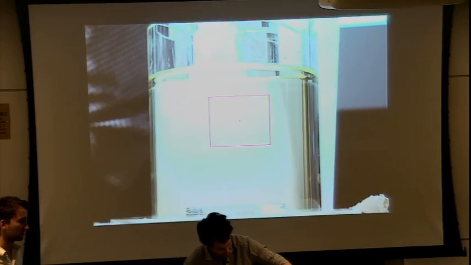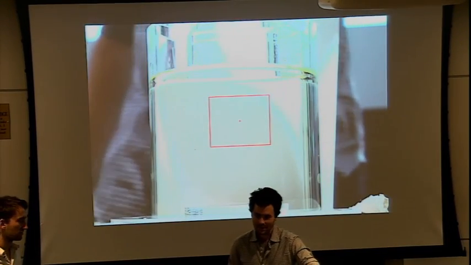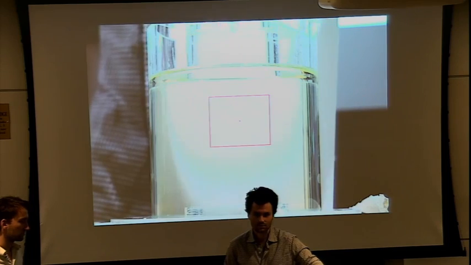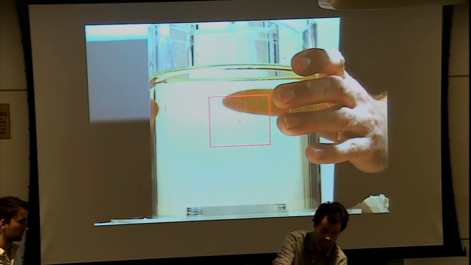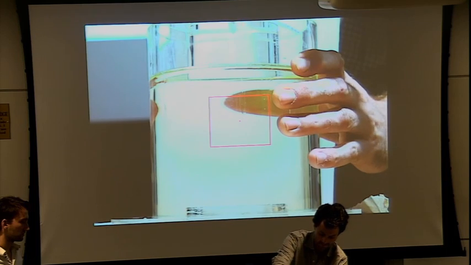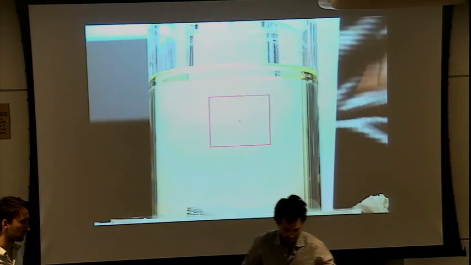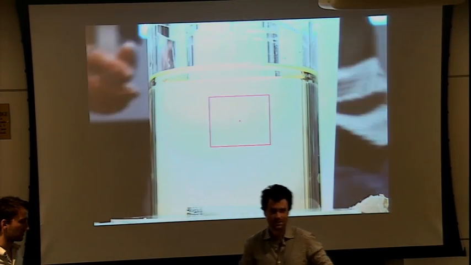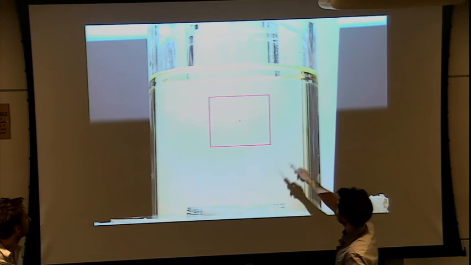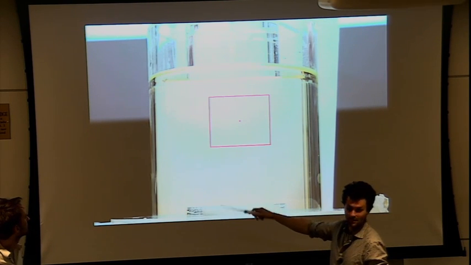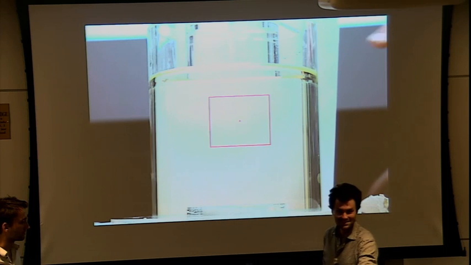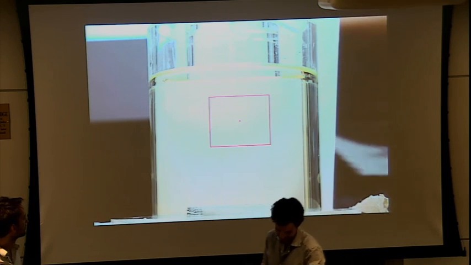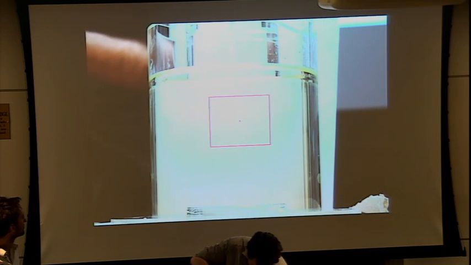So we have corn syrup, and it's in between two cylinders, and I can rotate the cylinders relative to each other. By taking this lever over here, I can rotate the inner cylinder, and that's going to rotate the inner cylinder relative to the outer cylinder. Of course, when you look at this, you don't see the two cylinders, and that's because there's this wonderful coincidence where acrylic is index matched by corn syrup. Anyway, this is corn syrup with stuff in it.